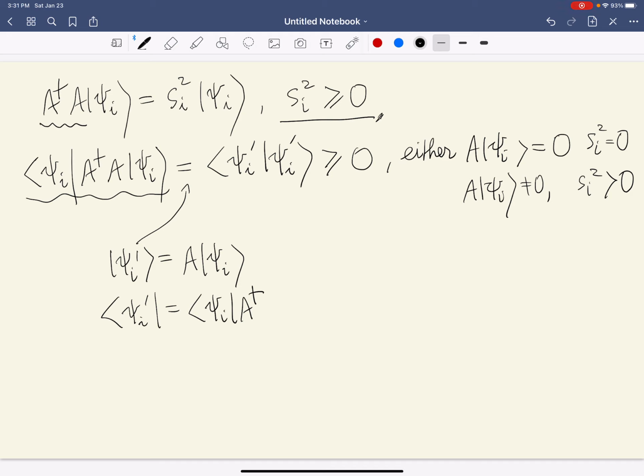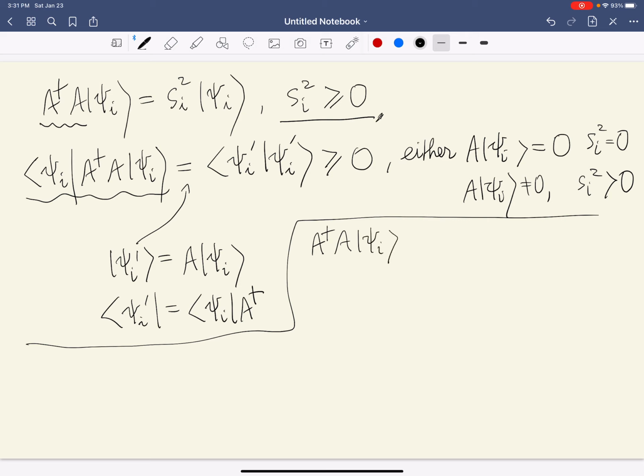So here's the thing: even though A itself is not Hermitian, we can still construct the set of eigenstates, obtained not from A, but from A dagger A.